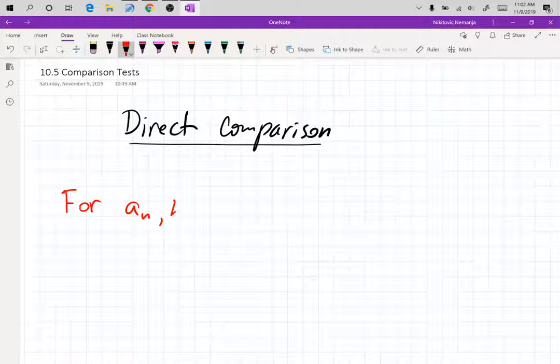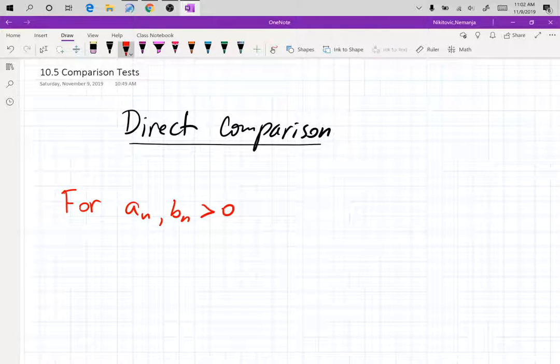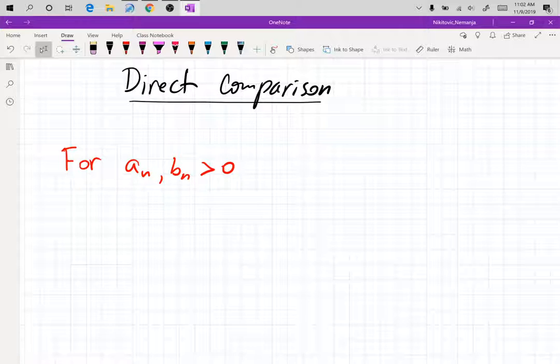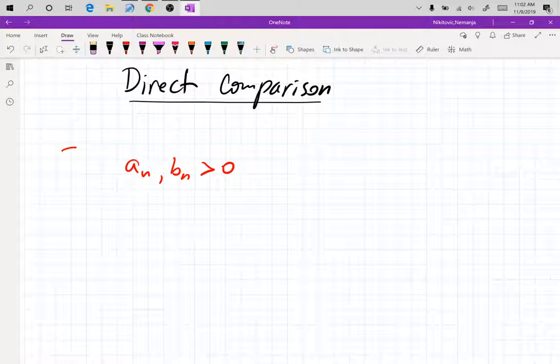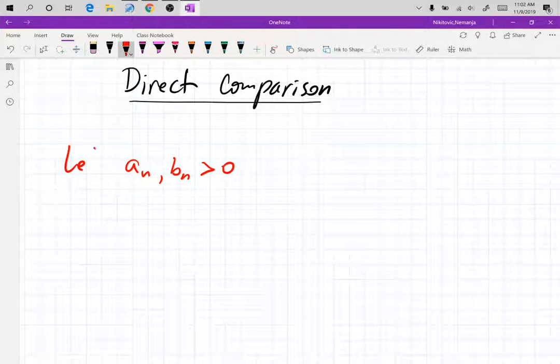For AN and BN being positive, we're going to have, let. Not trigger any computer science majors here. So let AN and BN be sequences with positive terms.